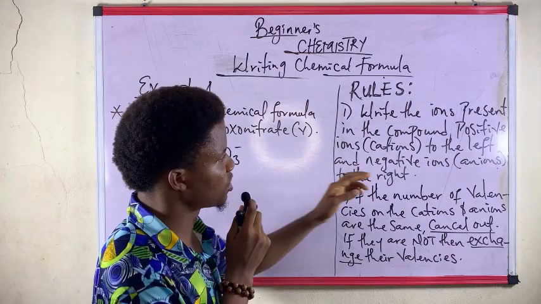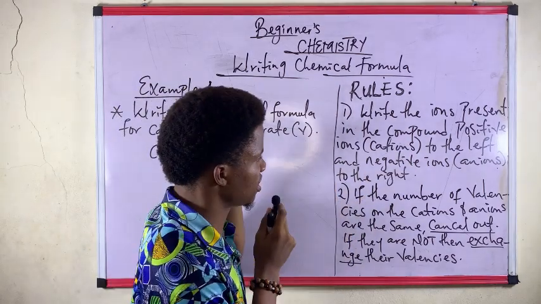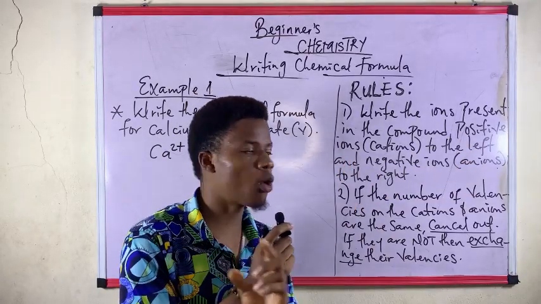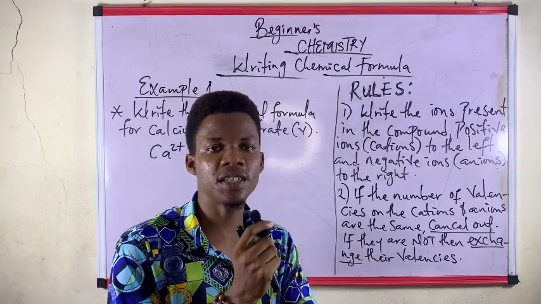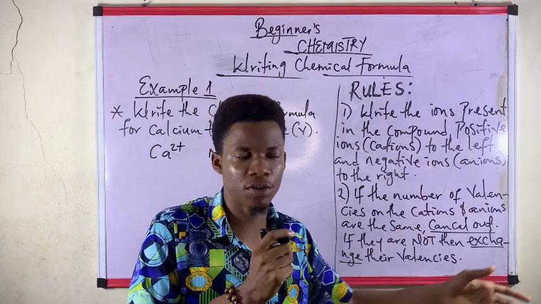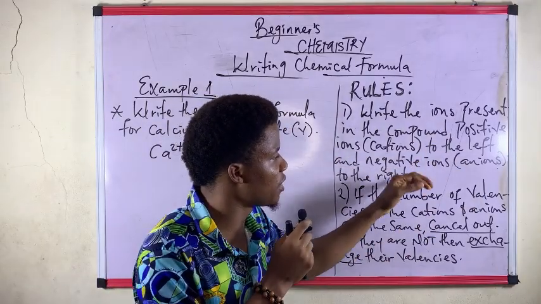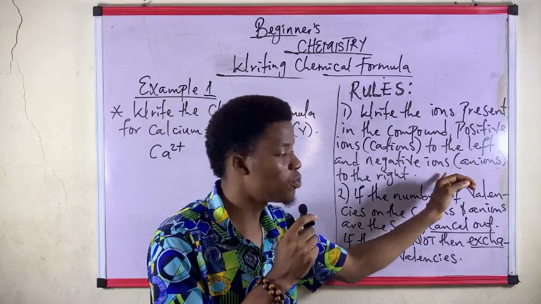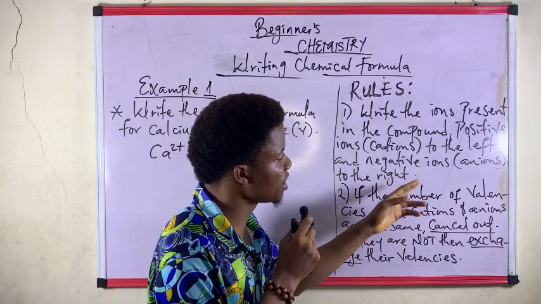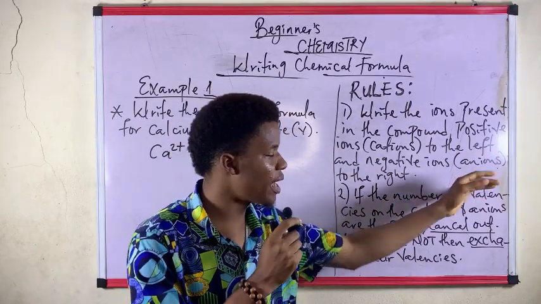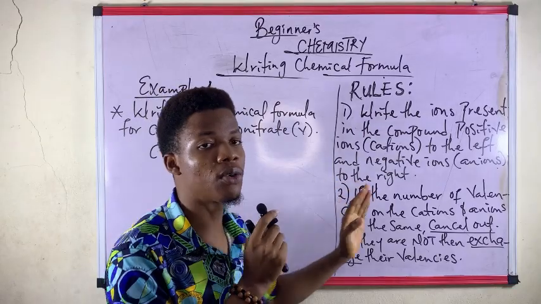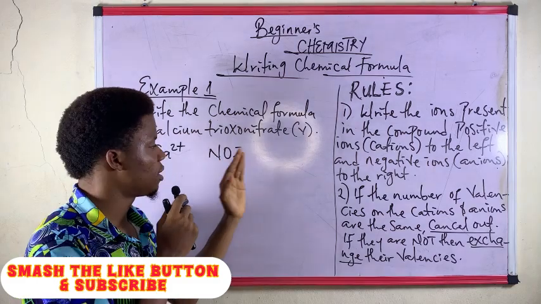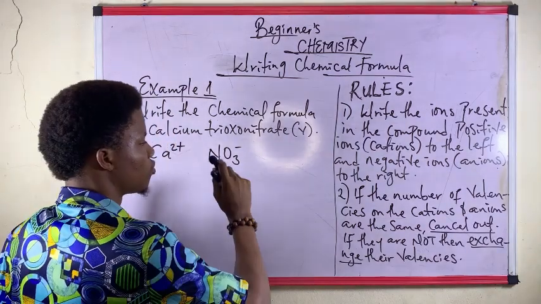Now take note, in trying to write out the ions present in the compound, make sure that the positive ion, which is called a cation, must be on the left-hand side, while the negative ions, which are also called anions, will be placed on the right. So that is why I put the positive at my left, the negative at my right. You can see it, left, right.